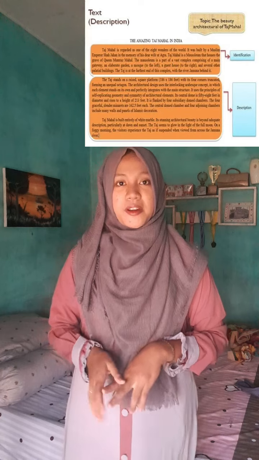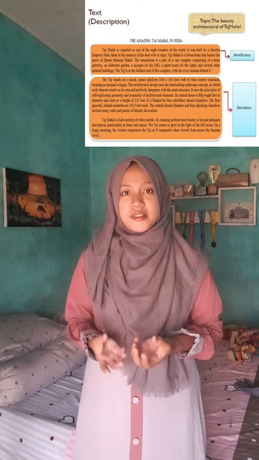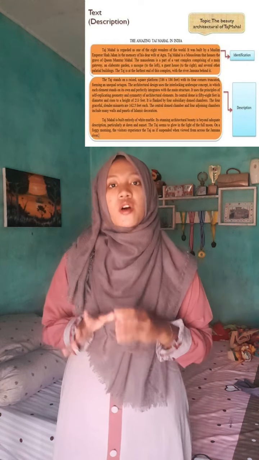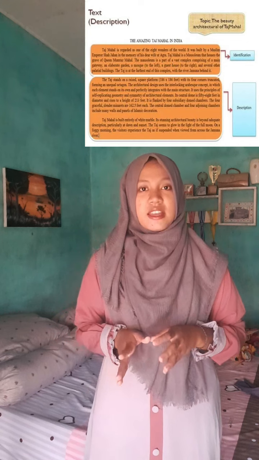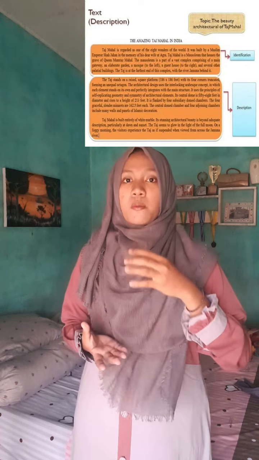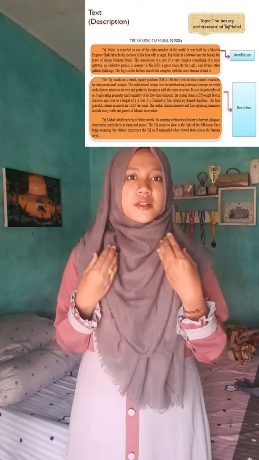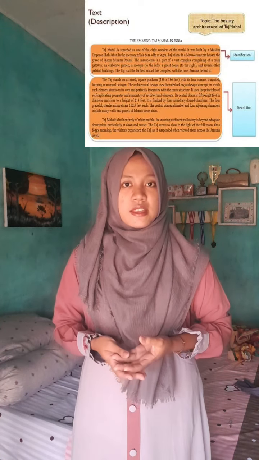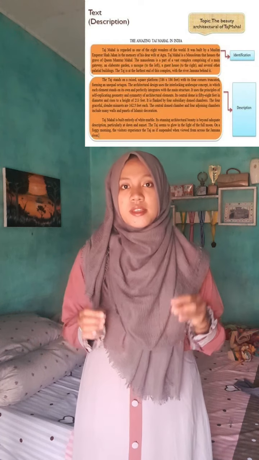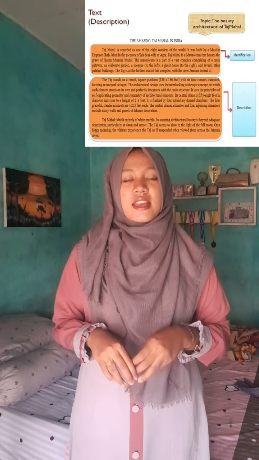And the second is the description paragraph, several paragraphs that explain the characteristics, function, and values of the object being discussed. The Taj Mahal is a mausoleum. The Taj Mahal stands on a raised square platform. Its central dome is 58 feet in diameter, and the Taj Mahal is built entirely of white marble.